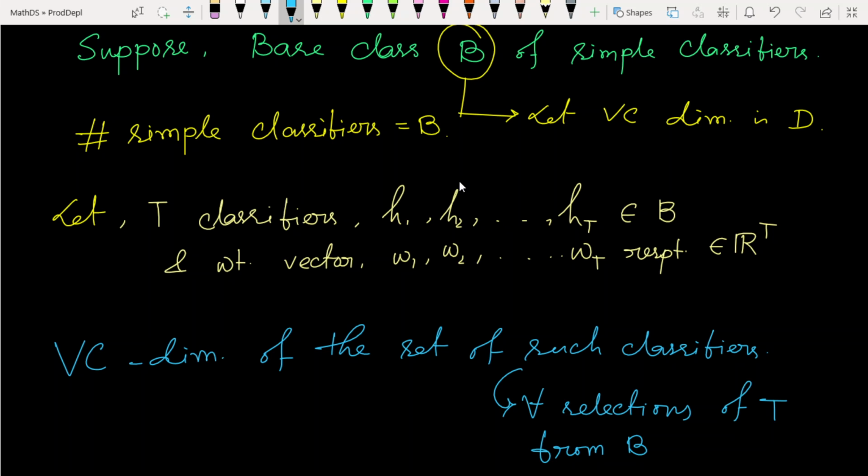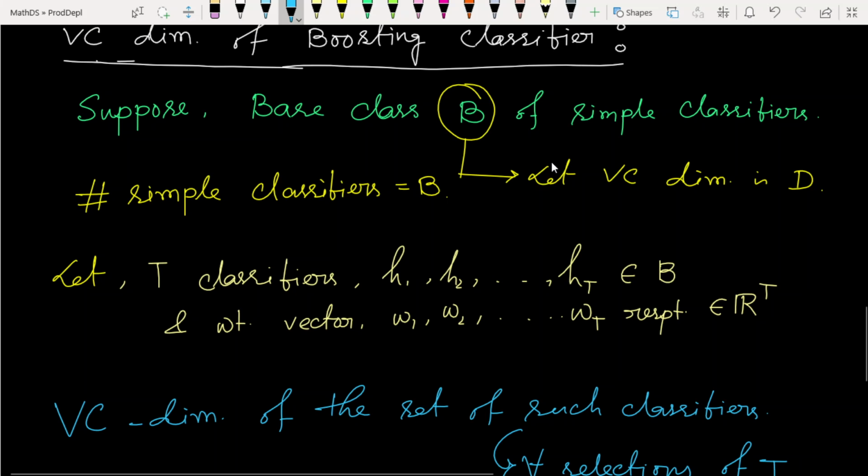Total means we have B simple classifiers. Think of it like suppose we have logistic regression, linear regression, decision trees, SVM, naive Bayes, like that, B number of simple classifiers, and from here we take such T classifiers.